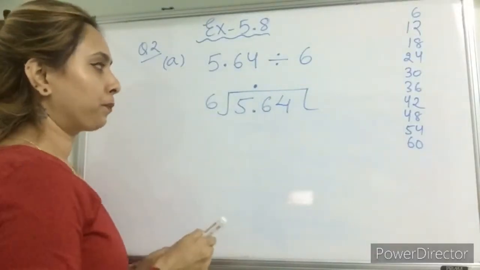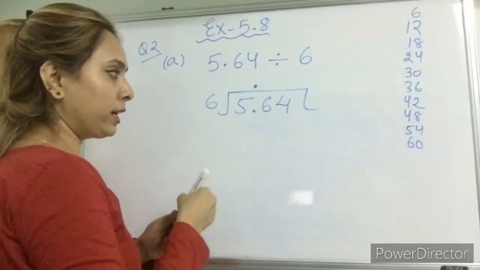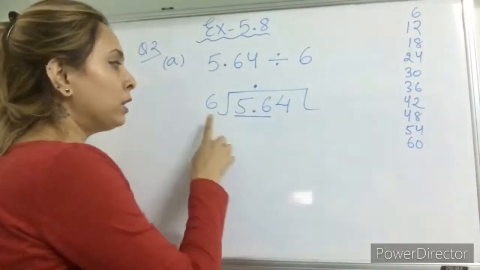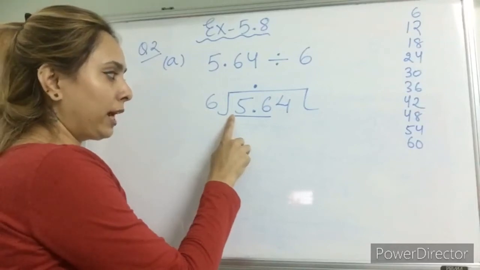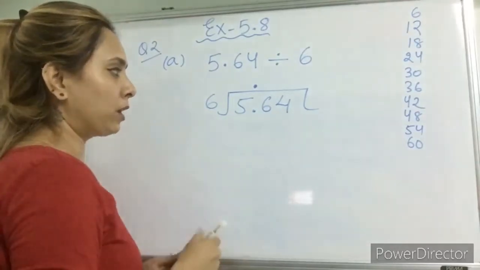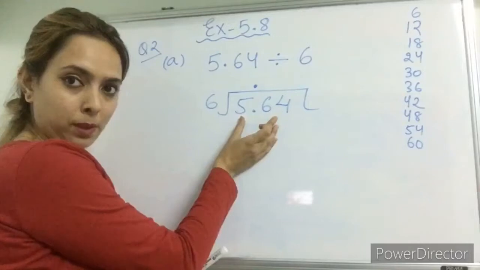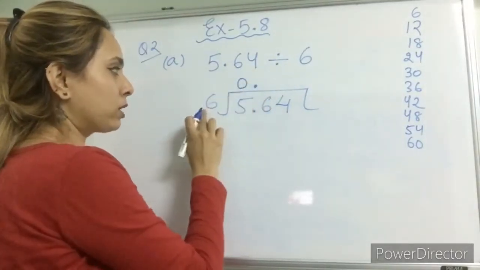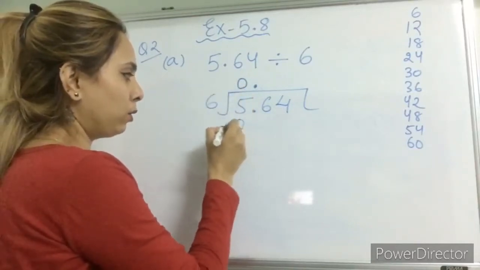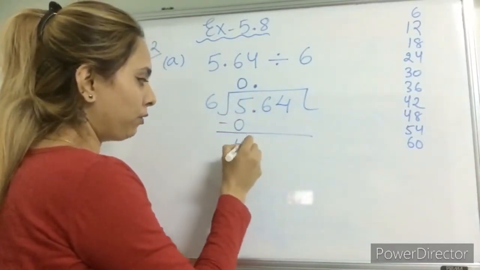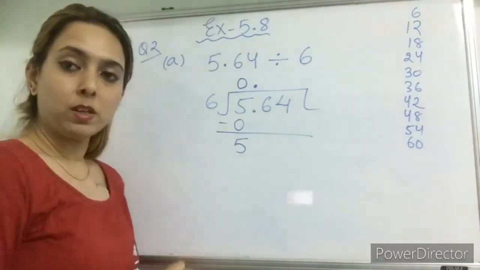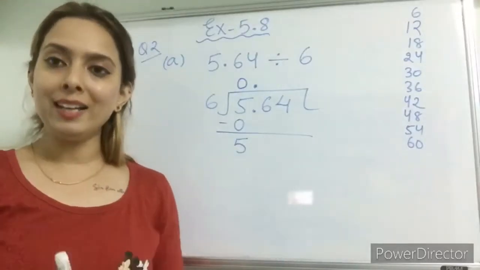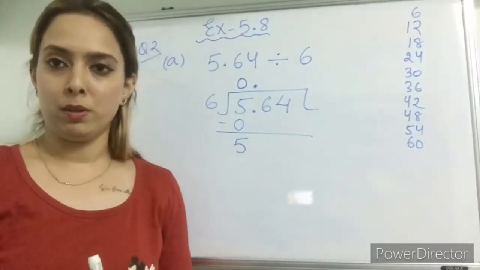We need to take these two numbers, so to get these two numbers you can multiply this by 0. 6 zeros are 0. Now you will get the 5.